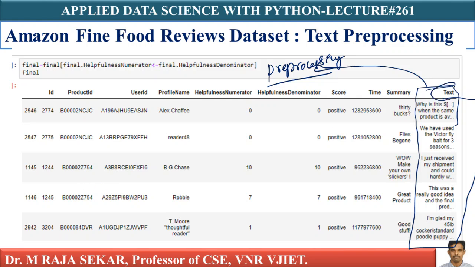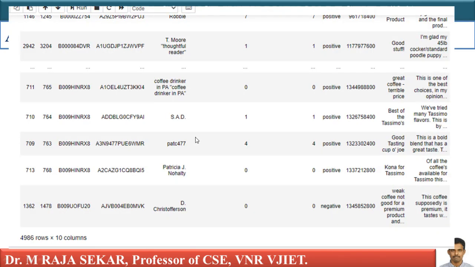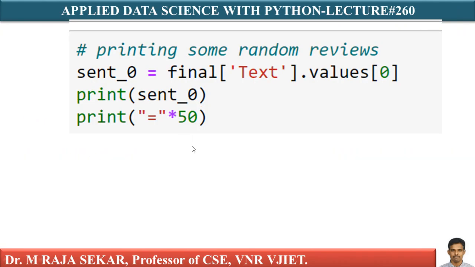What is this column name? The column name is text and my table name is final. How can I apply different pre-processing techniques? We will see. If you carefully observe the final table, there are 4986 rows and 10 columns. Again, I request you to go through lecture number 252, where I discussed all these concepts.